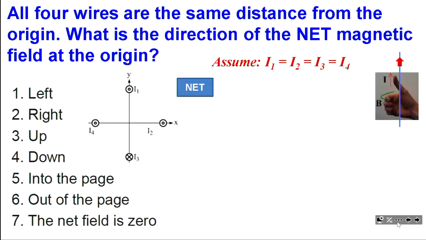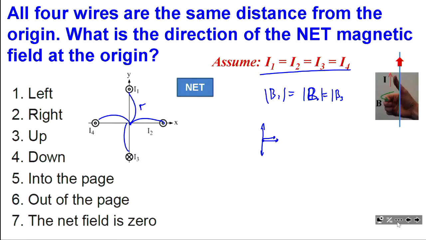Now, of course, we have to draw them together. So, because all distances are equal and all electric currents are equal, that means the magnitudes of each magnetic field also are equal, which means the one which points up and the one which points down cancel each other out.